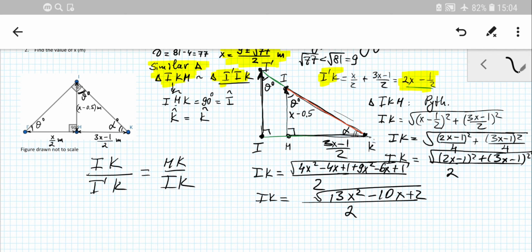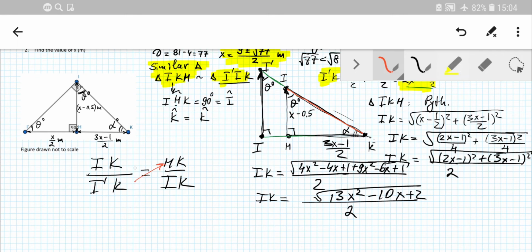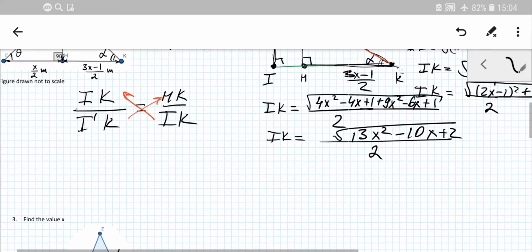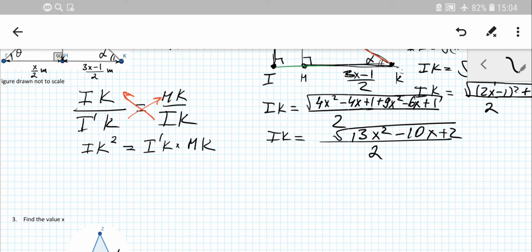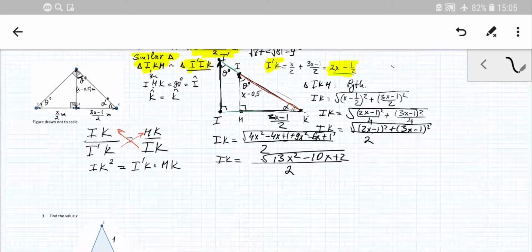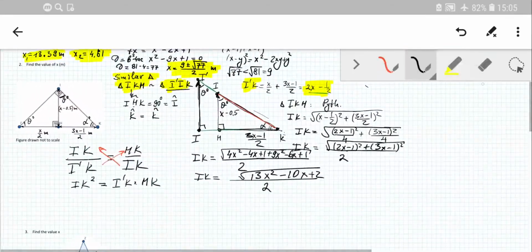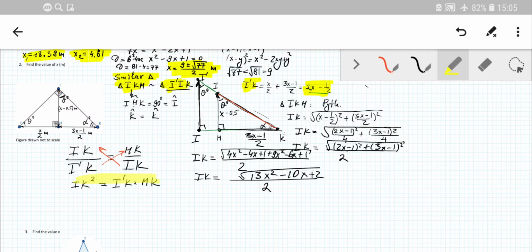And what we can figure out from there, if we crisscross multiply them. Crisscross multiplying will resolve the proportion or ratio fractional equation, no matter how you call that. You'll get IH squared equals IK times HK. That's the main and very significant equation that we finally got.